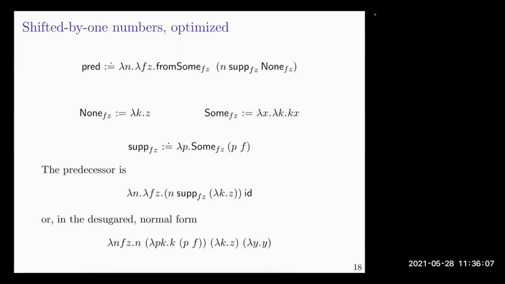Predecessor takes linear time, of course. That's another thing that's known: there is no constant time predecessor. It's either linear time or worse.